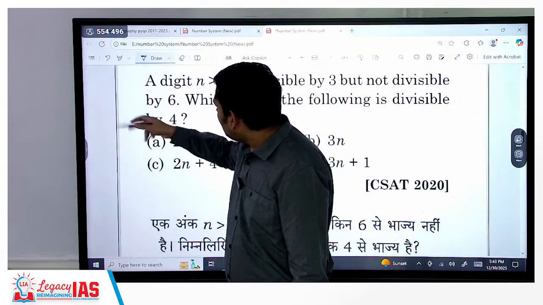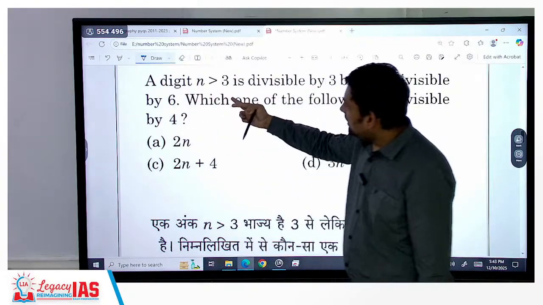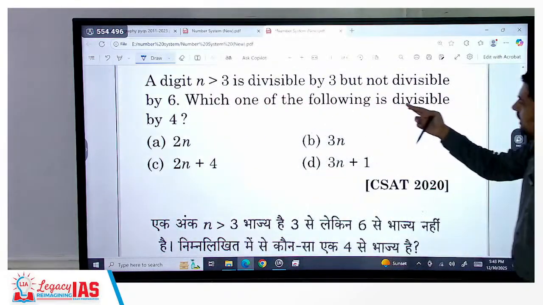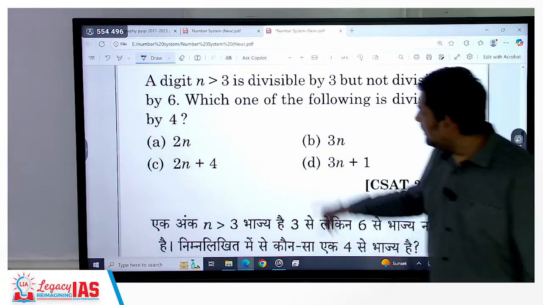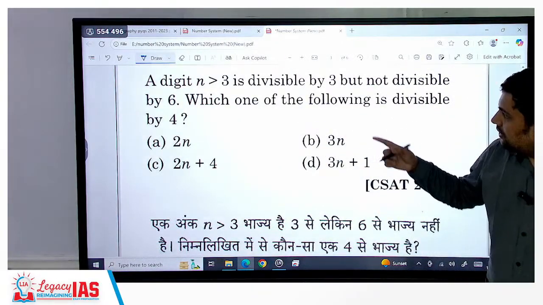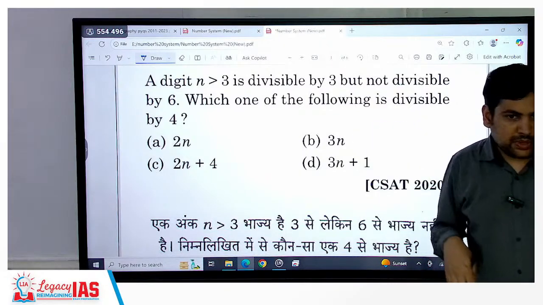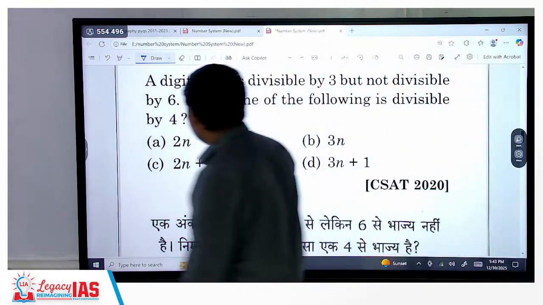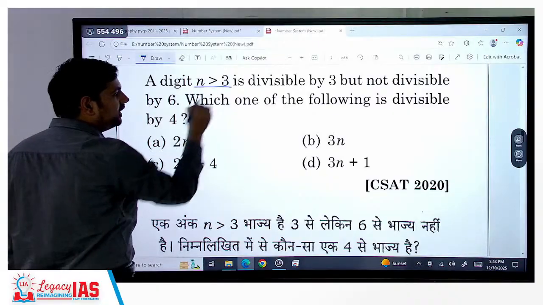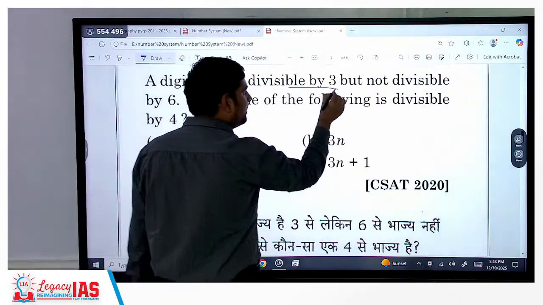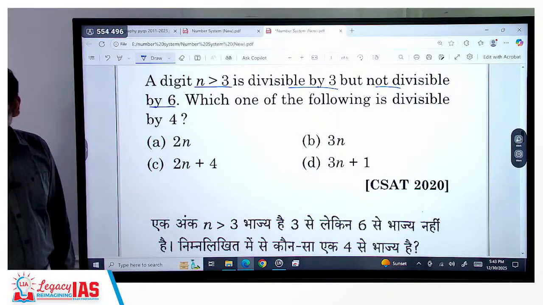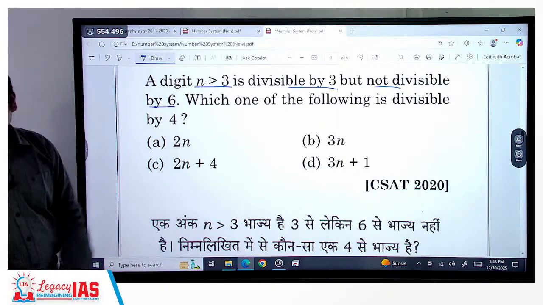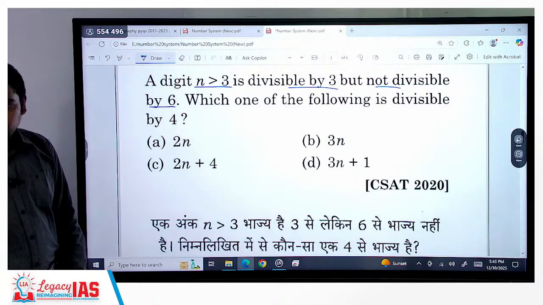First of all, you see a question like this: a number n greater than 3 is divisible by 3 but not divisible by 6. Which one of the following is divisible by 4? Now, first thing is n is greater than 3. This is the first condition. It is divisible by 3 but not divisible by 6. That means most probably it is an odd number that is divisible by 3, because then it won't be divisible by 6.